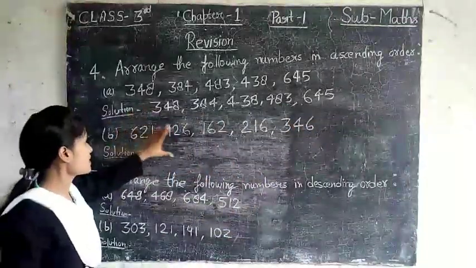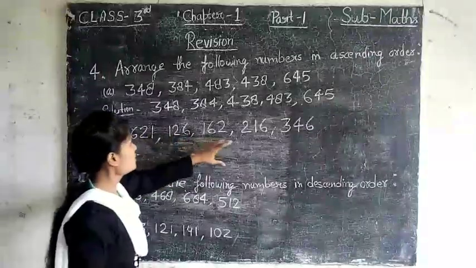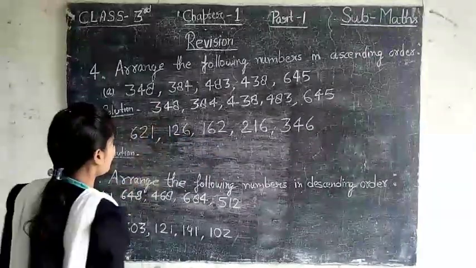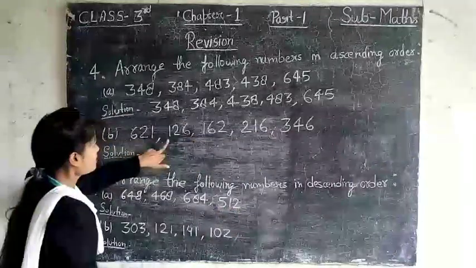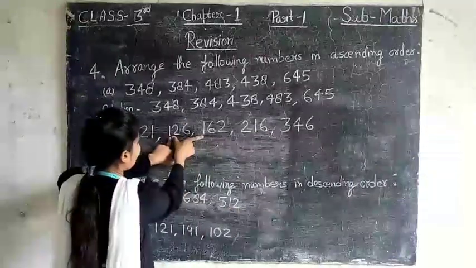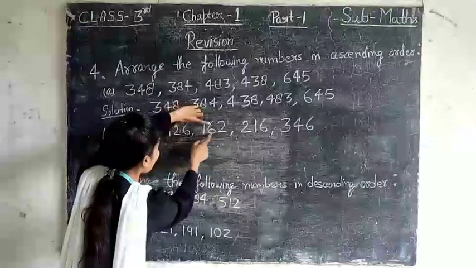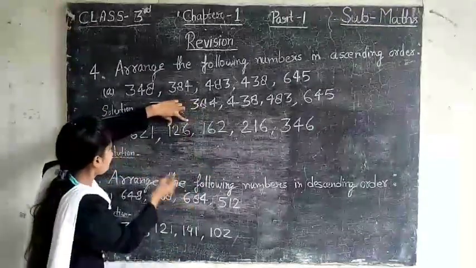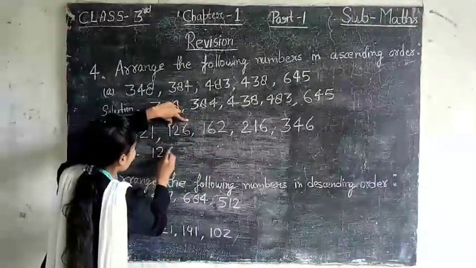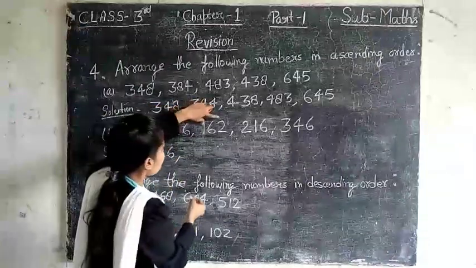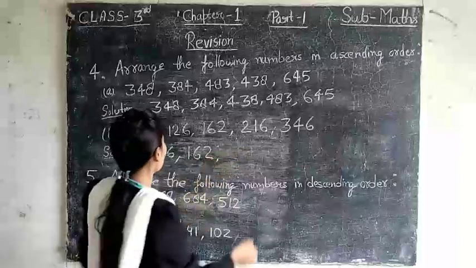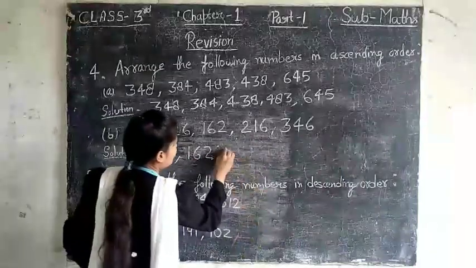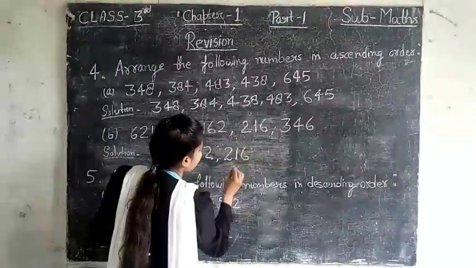Now the second question, we solve like the one above. 6, 1, 1, 2, 3. Here 1 and 1 are equal, so we compare 2 and 6. It is smaller, so it is written first. Now next is 162. Next 2 is less than 3.